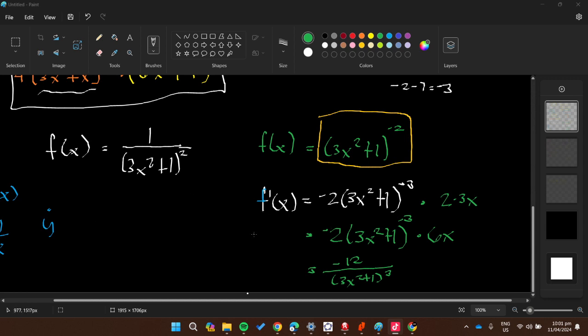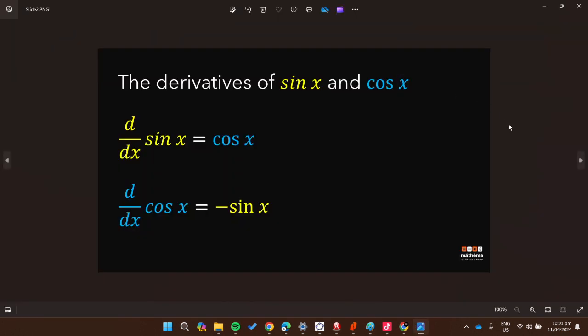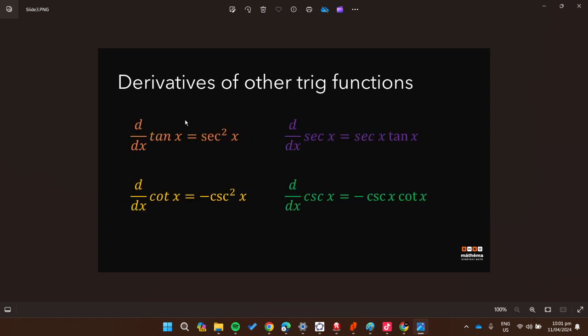Sige, so before I proceed, pakita ko lang ulit yung derivatives of the different trig functions. Derivative of sine is cosine. Derivative of cosine is negative sine. Tangent, we have secant squared. Cotangent, negative cosecant squared.